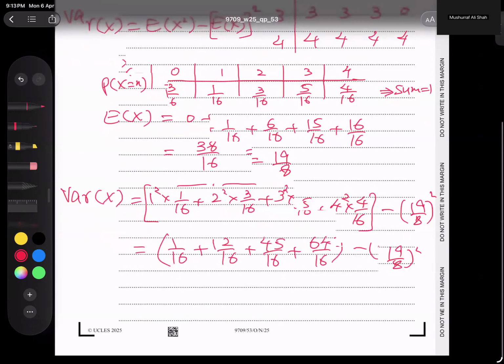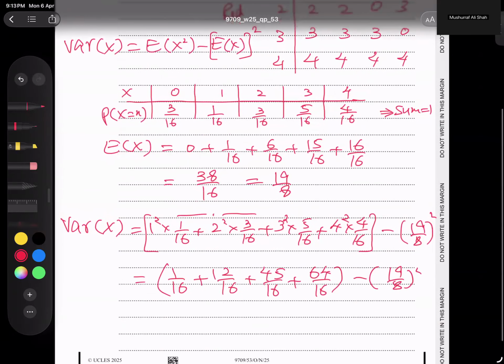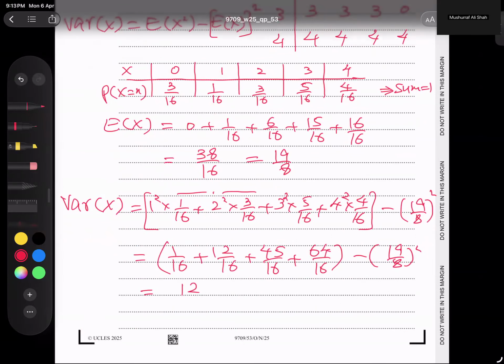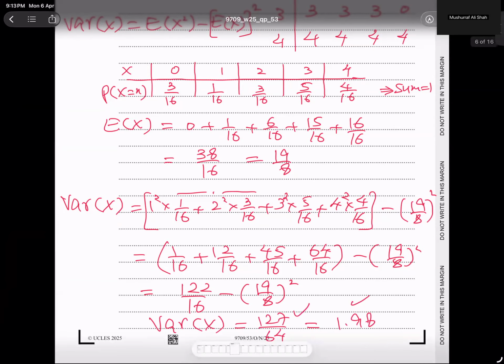If I check it further, this becomes 122 over 16 minus 19 over 8 whole square. And finally, we get the variance value, if we check in calculator, 127 over 64, or in decimal, it turns out to be 1.98. You can take any answer, no problem at all.